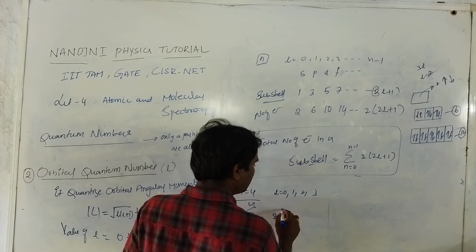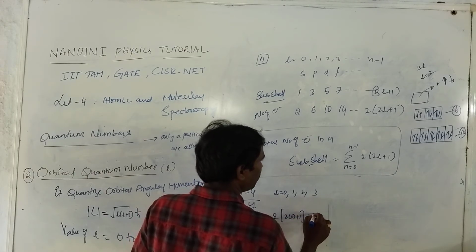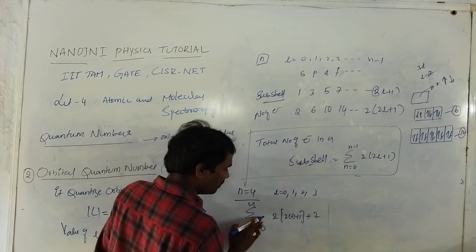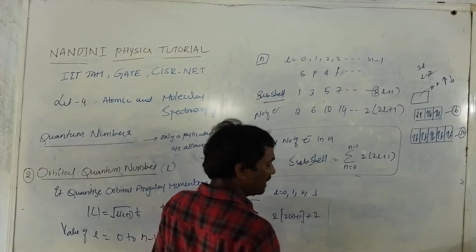So therefore we simply substitute L from 0 to 3. Because this is a summation, I will consider simply plus everything.